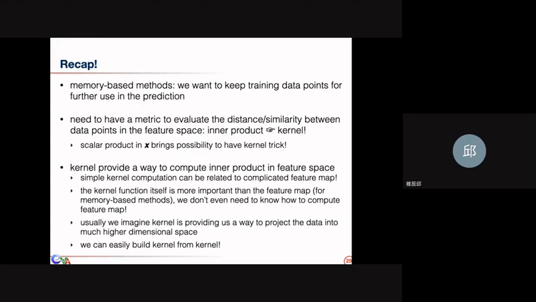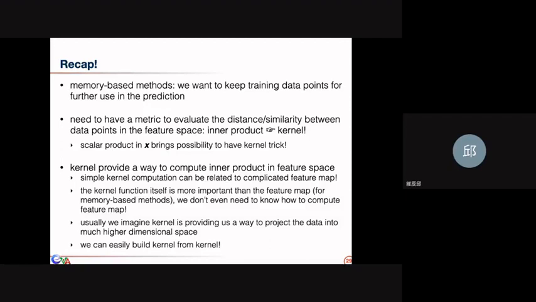So up to here, I want to provide you a recap. The main idea up to here is to introduce the memory-based methods. That means we want to keep our training data points for further use in the prediction. For these memory-based methods, you need to have a metric to measure the distance or the similarity between the data points in the feature space.